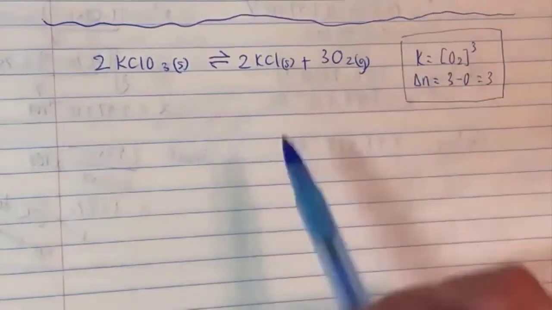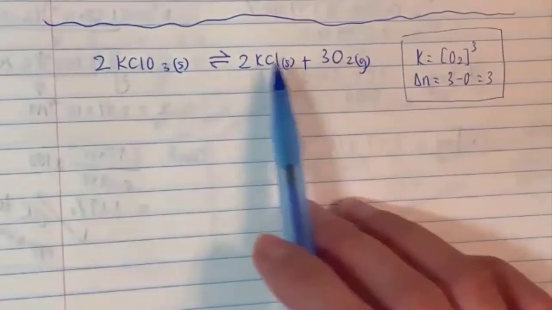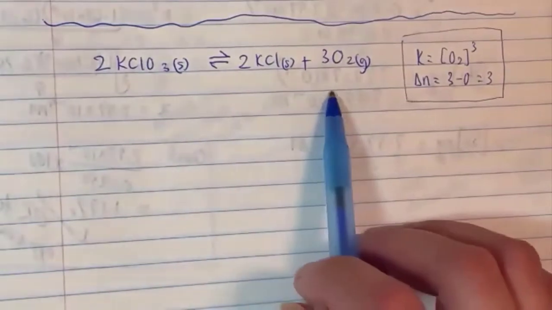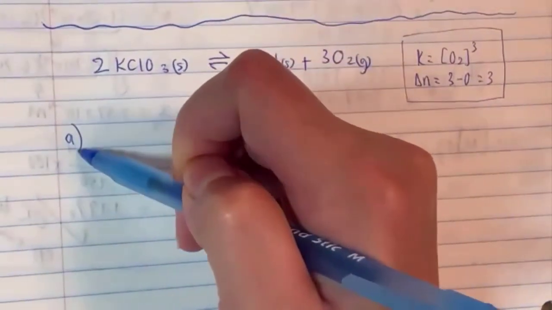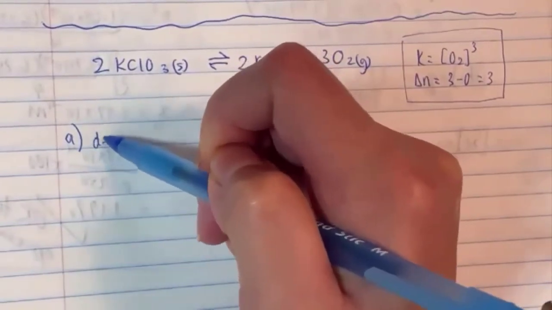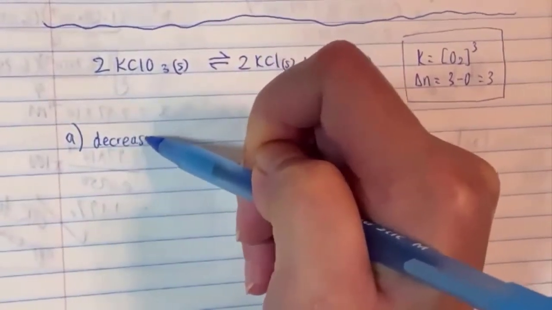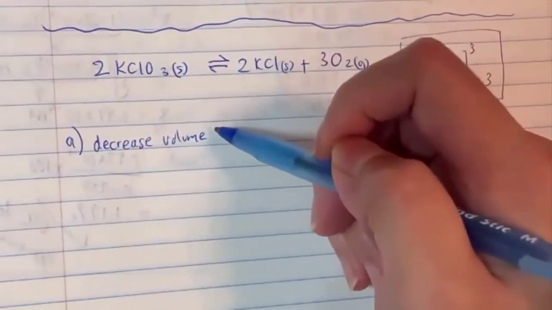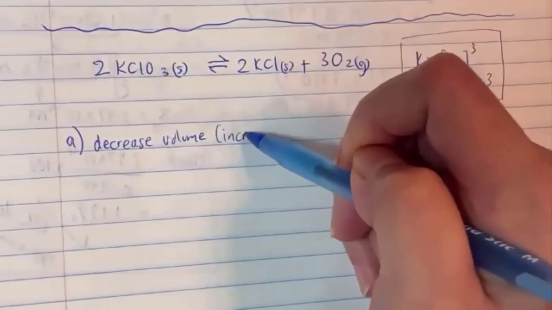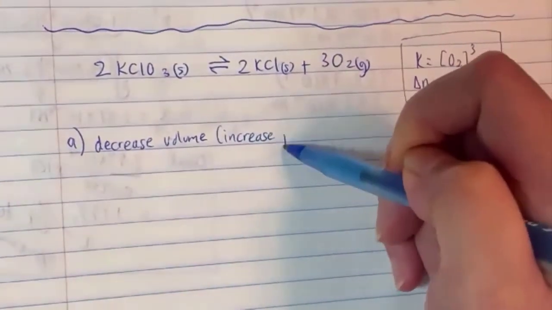Now, let's take a look at this picture here. Let's say this reaction has gone to equilibrium, and what you did was you decreased the volume. When you decrease the volume, what does it mean in pressure terms? I could also say, increase pressure.